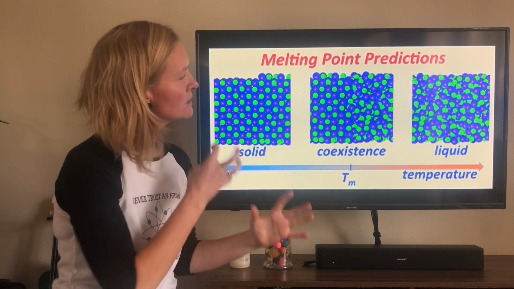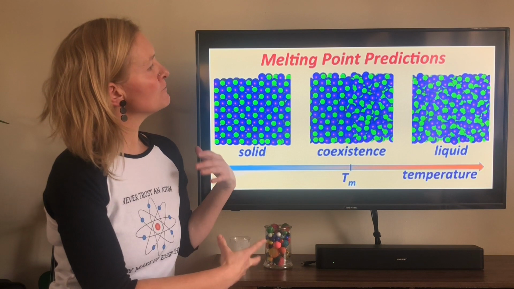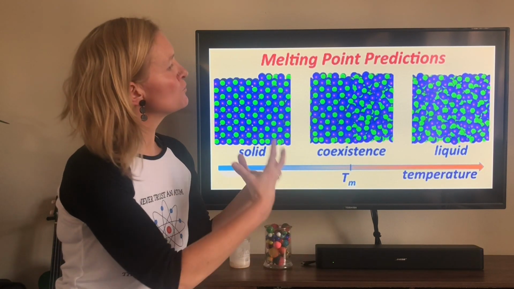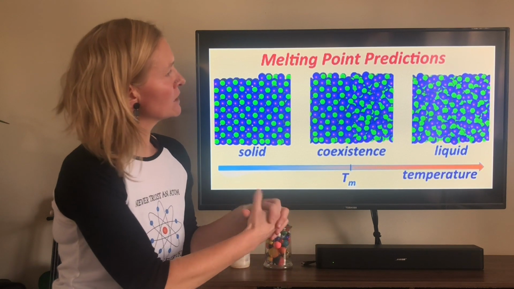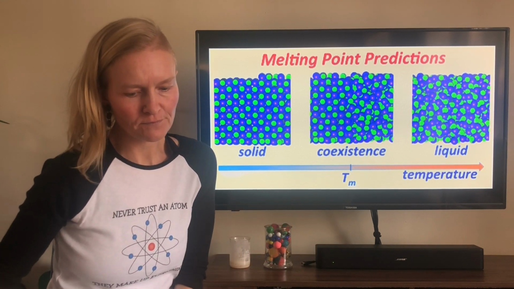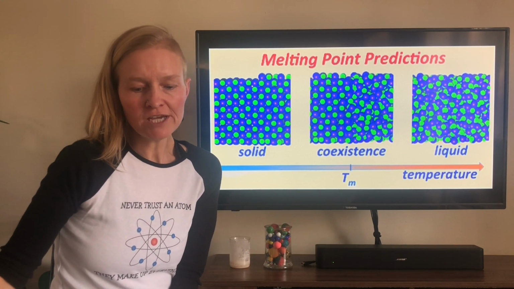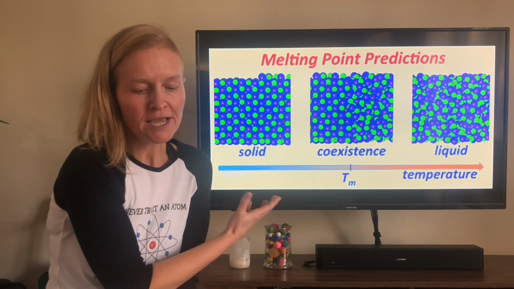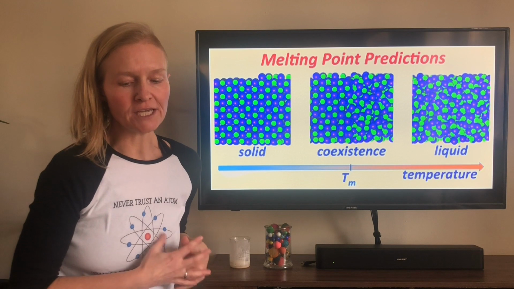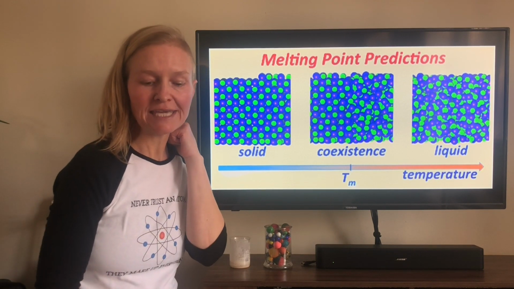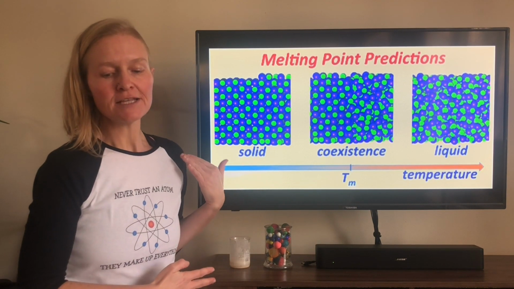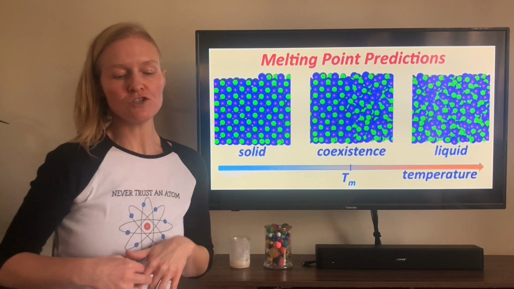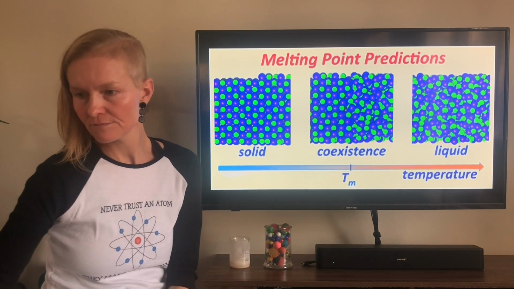So it's starting to melt. And then eventually when the whole solid has melted to form a liquid, you have the liquid state. These state changes happen with that increase in temperature, or alternatively, with a decrease in temperature, a gas can lose energy to become a liquid, and a liquid can lose energy to become a solid.